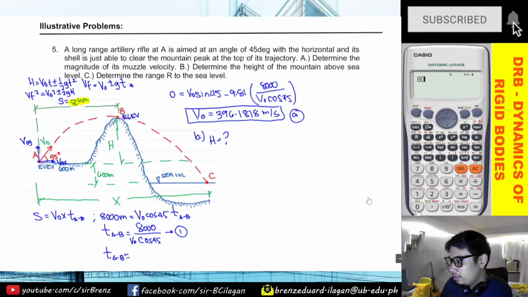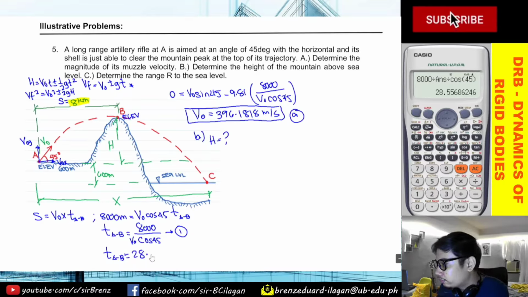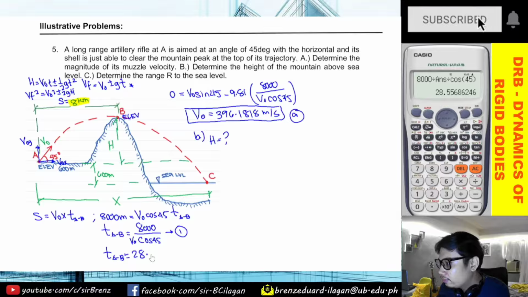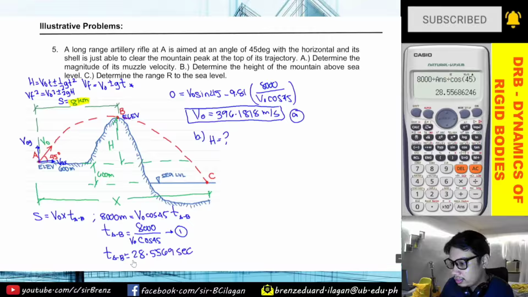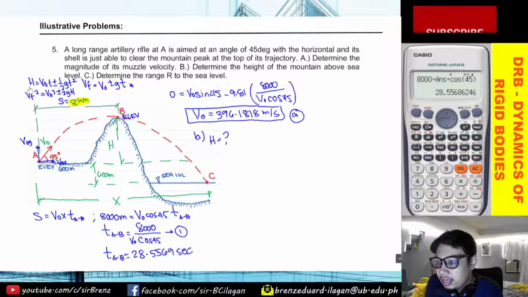So 8,000 divided by the answer divided by cosine 45. So that is 28.5569 seconds.